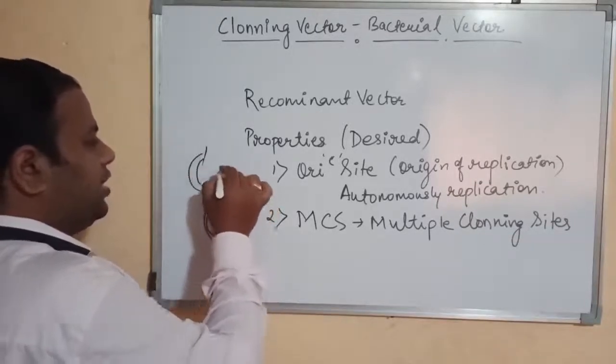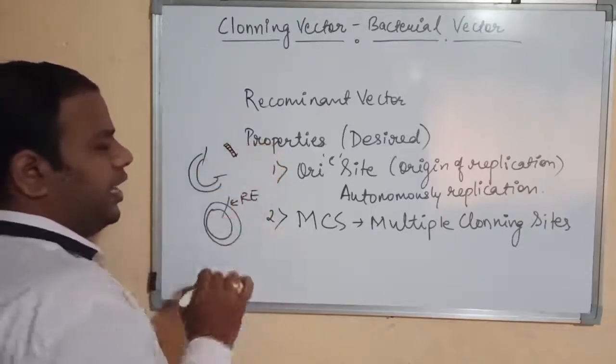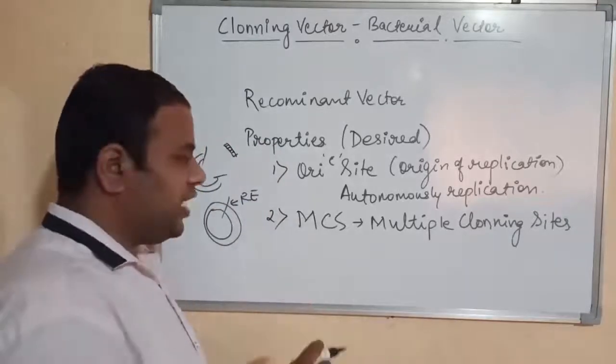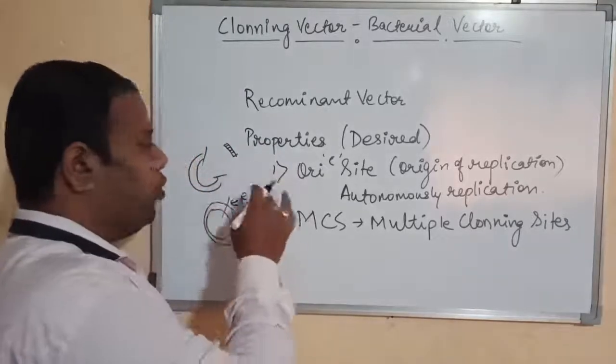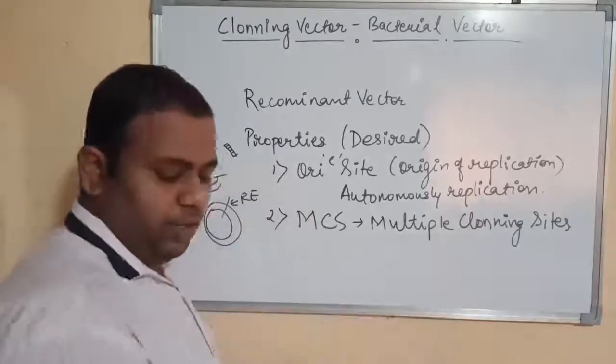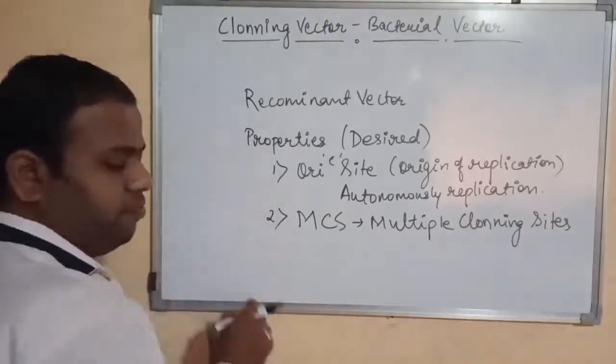This will be cut like this, and my DNA of interest will be added into this region, and that will be ligated here. Different restriction enzyme sites should be present all over the vector, which will help us to add the foreign DNA into the vector. So it should have multiple cloning sites.